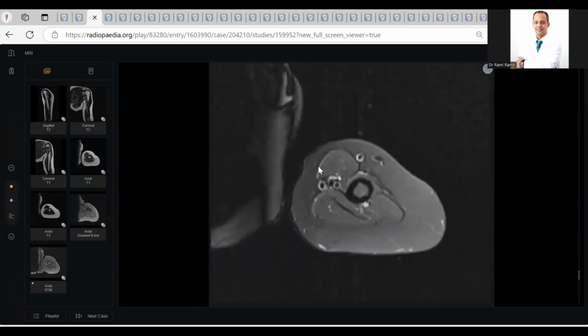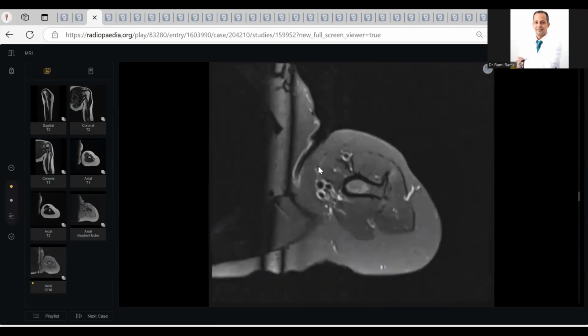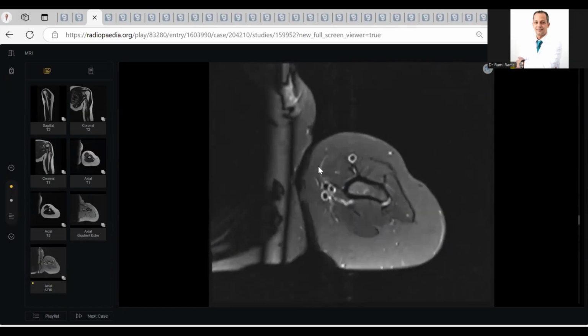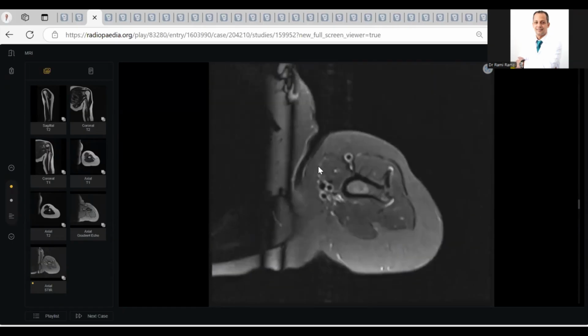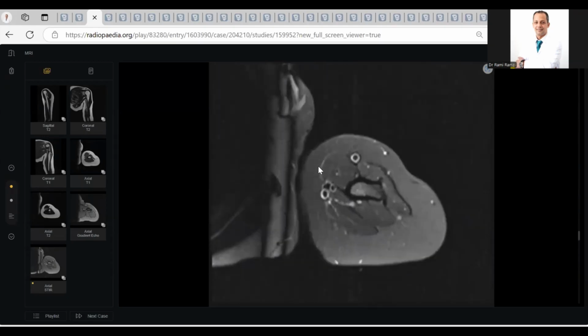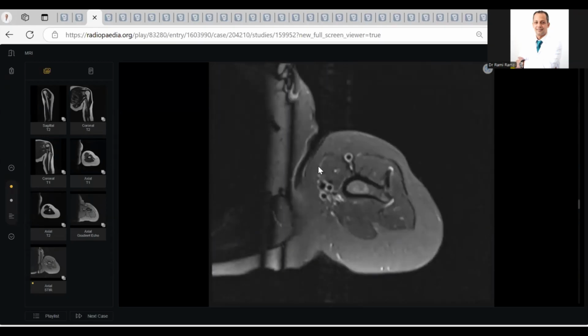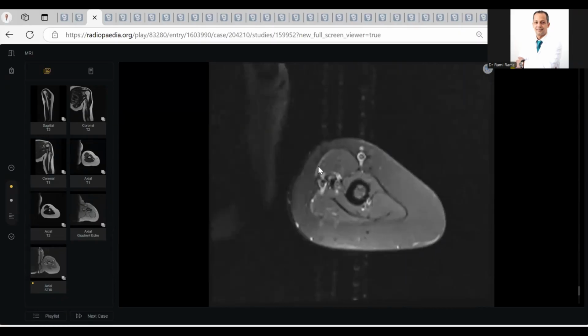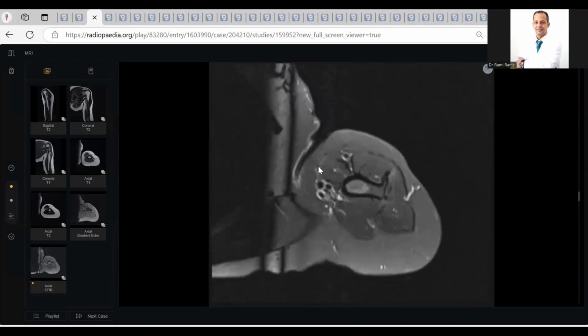I can make out the bony outward projection, and I can see the marrow signal continuing with that lesion, and it is causing surrounding mass effect. Sir, I'm thinking of osteochondroma, sir, with some surrounding mass effect.